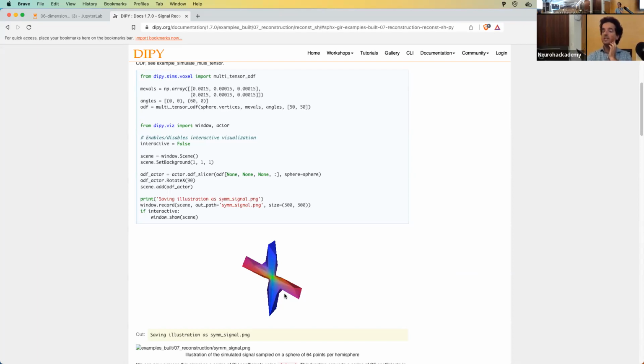If you took all these weights, this is a glyph, so think of it as a three-dimensional function: high value here, low value here. Take this and convolve that back with the signal generated by a single fiber population, and you would get the signal that was measured in this voxel, or something close to that.